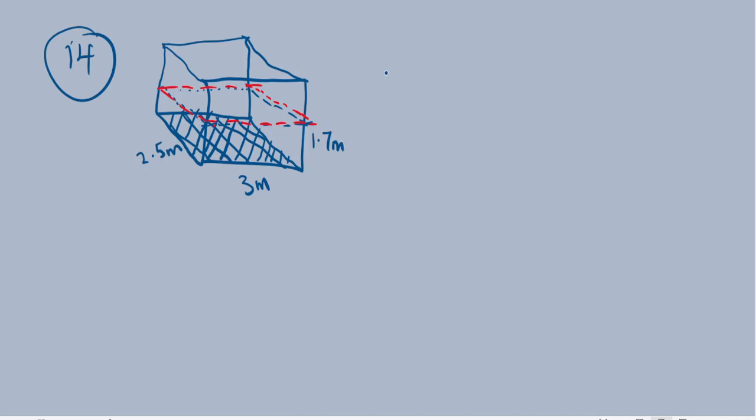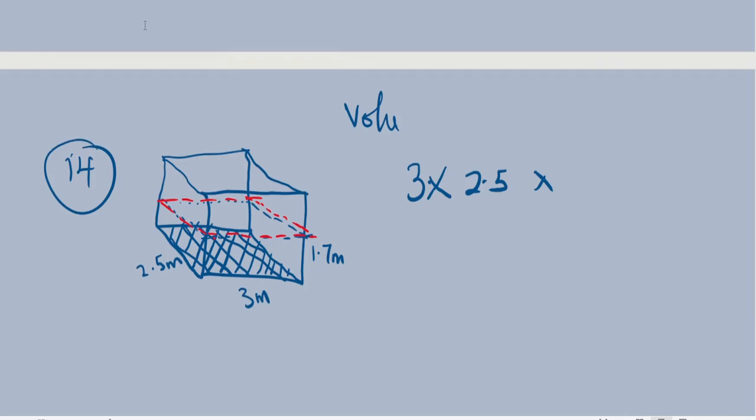The volume of water in the tank will be given by the base area, which is 3 multiplied by 2.5, that's the base area, then multiply by the height. So volume is given by base area multiplied by height.